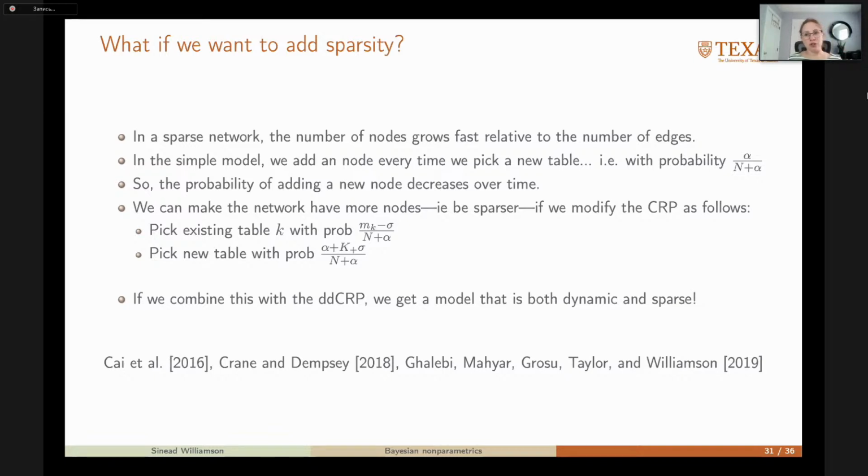So what we're going to do is we're going to steal some of that probability from the existing tables and put it onto that new table, right? And that will allow us to grow the number of nodes quick enough because we've got a higher than normal probability of seeing something new. So for every table or every node that we've seen so far, we're going to steal some amount sigma of probability from that.